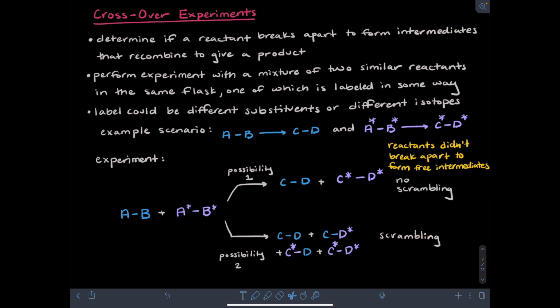If instead you saw 4 products, CD, C star D star, but also CD star and C star D, we would say that scrambling has occurred, and this result would suggest that your reactants, AB and A star B star, broke apart at some point during the reaction to form free intermediates, and then these recombined to give more products.